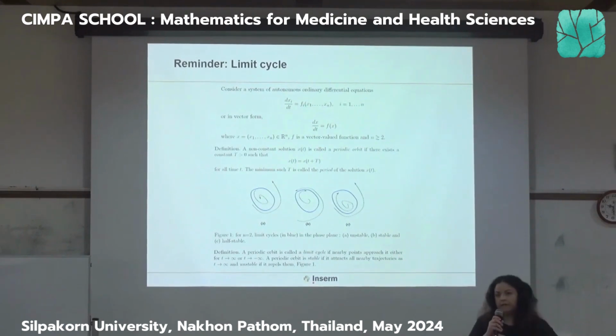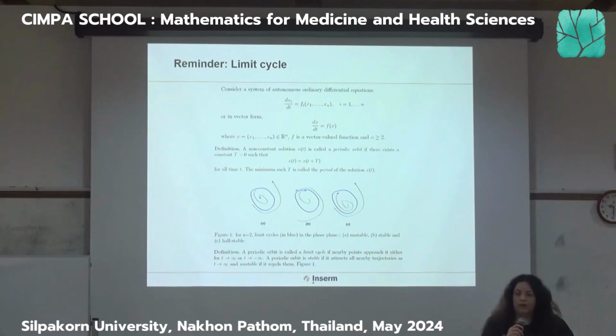Let's take the same framework as the one I defined in the first lecture. So we have a dynamical system, x dot equals f, and you are again in a context where you have a unique solution, provided that you have an initial condition.